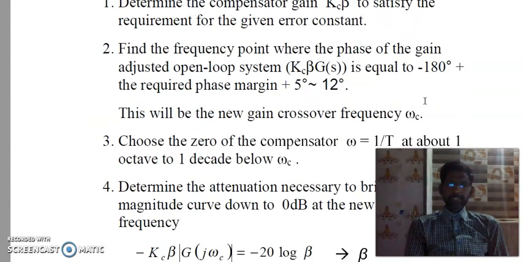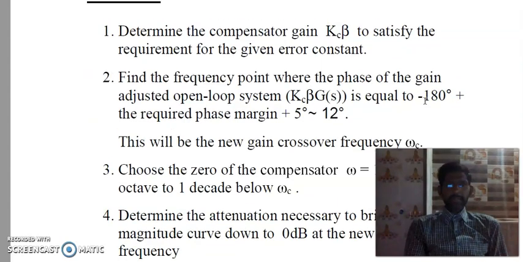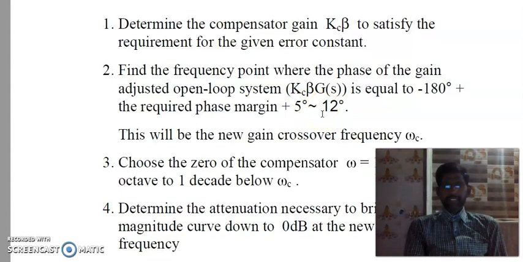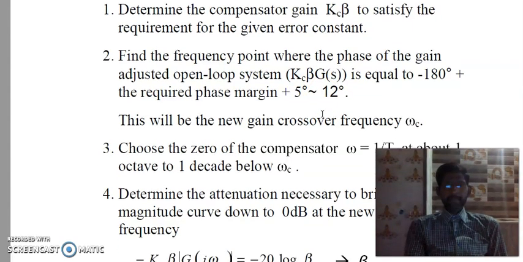To design the lag compensator based on the frequency response, first determine the compensator gain Kc beta to satisfy the requirement for the given error constant. The second step, find the frequency point where the phase of the gain adjusted open loop system Kc beta G of s equals minus 180 degrees plus the required phase margin plus approximately 5 degrees to 12 degrees.